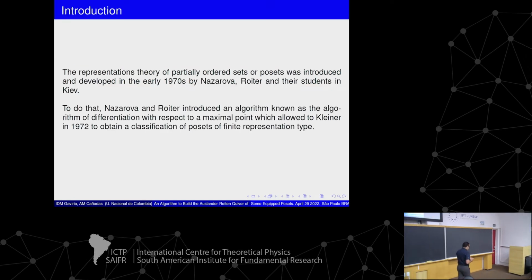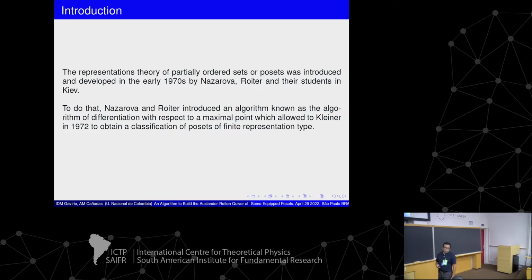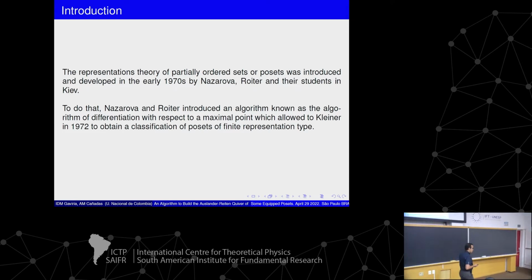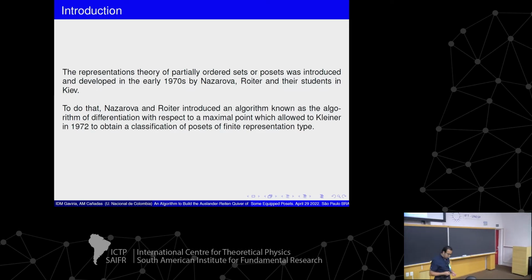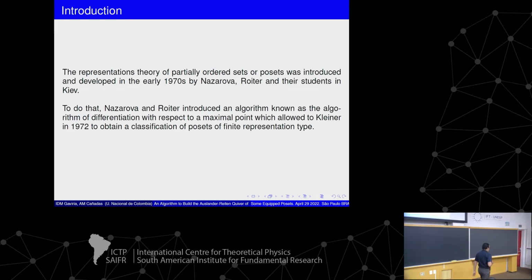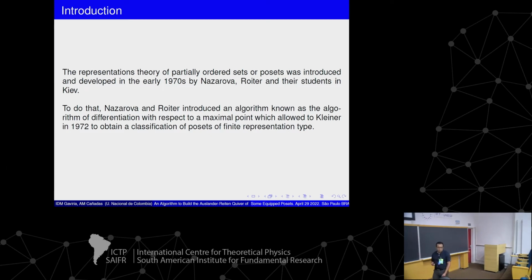Well, remember that the representation theory of a partially ordered set was introduced and developed by Nazarova, Roiter, and their students in the seminar of Quiver. And they introduced this new theory with the goal to study the Brauer-Thrall conjecture regarding classification of algebras.